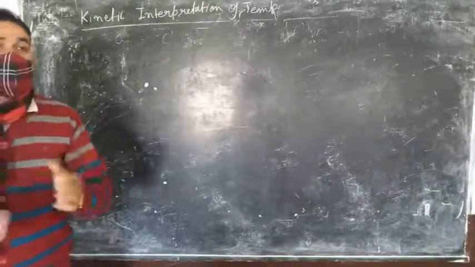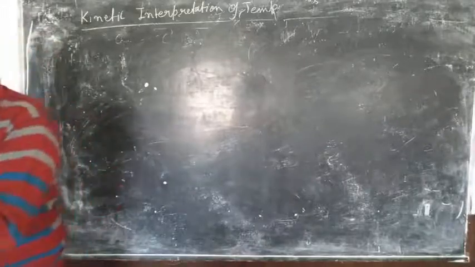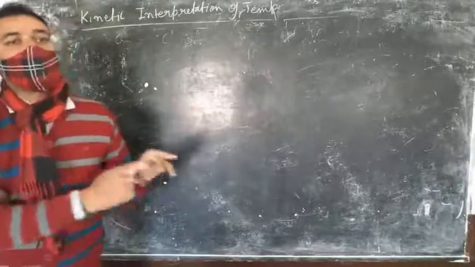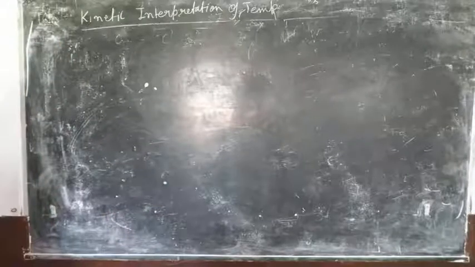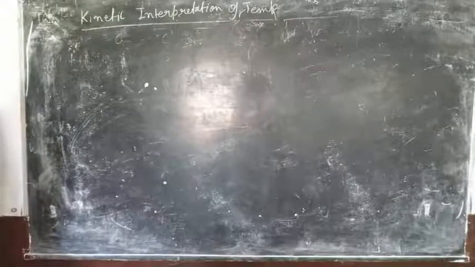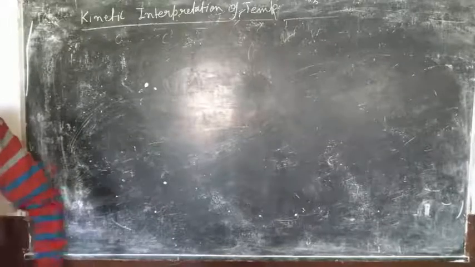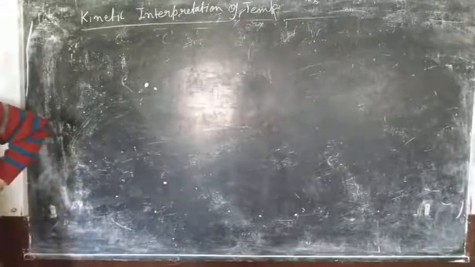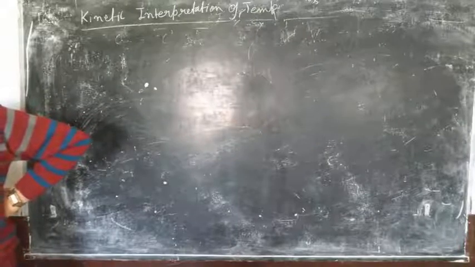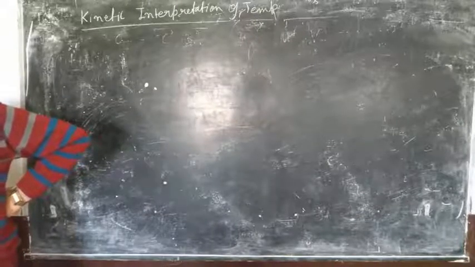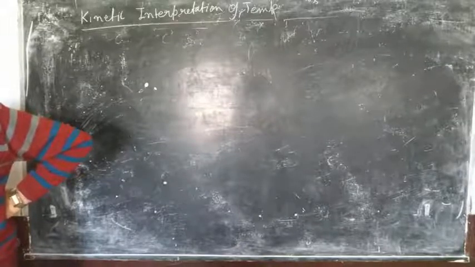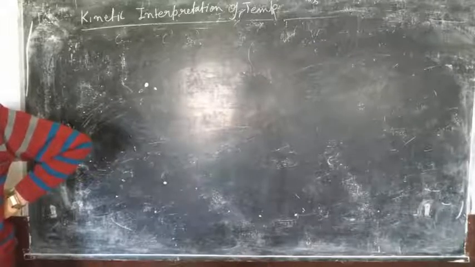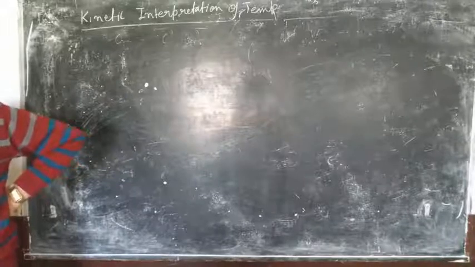As we have 3 types of molecule, monoatomic, diatomic and triatomic, we understood how many degrees of freedom each type has. First, the degrees of freedom of a dynamic system are the independent ways in which the system can store energy.